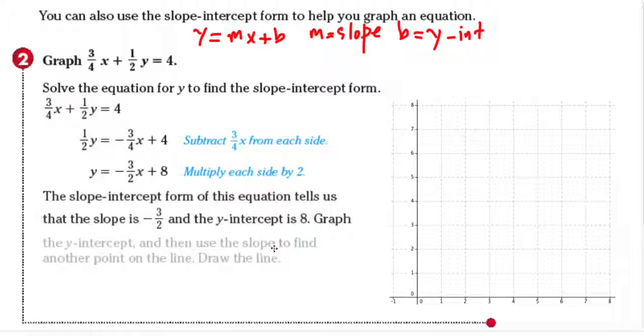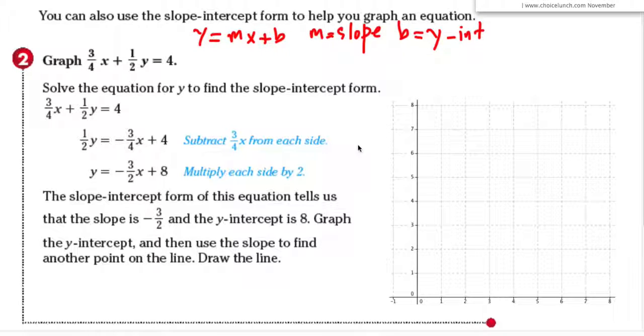So we want to graph the y-intercept, then use the slope to find another point on the line. Then after that, draw the line. So let's do that right now. First we need to graph the y-intercept, which is 8. Sorry about that.